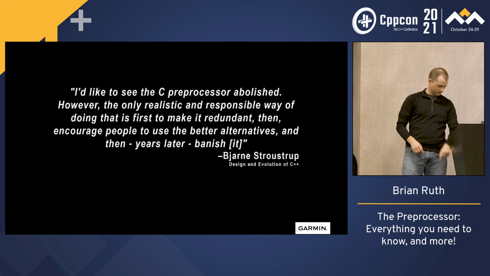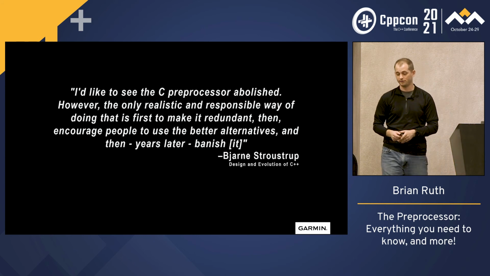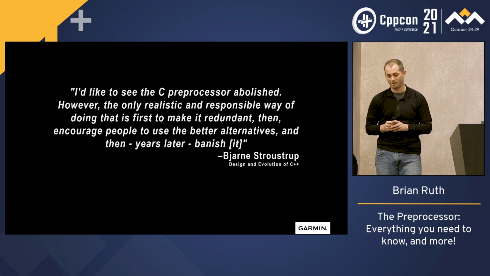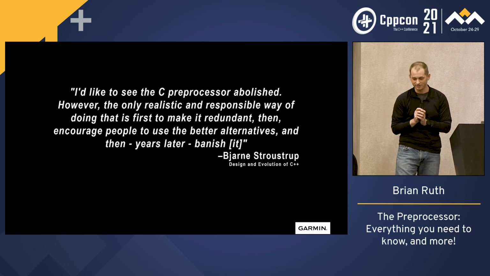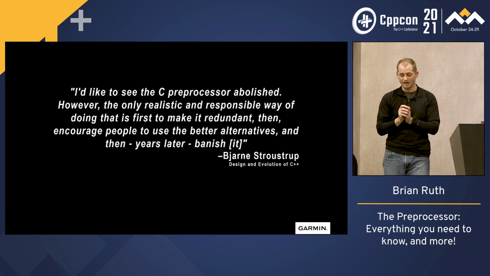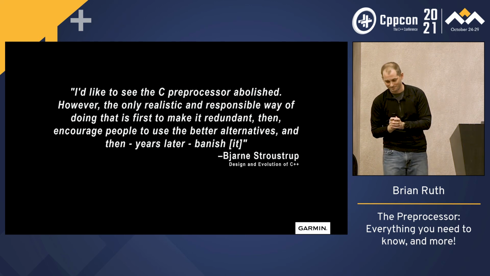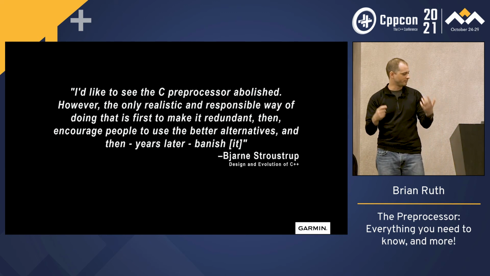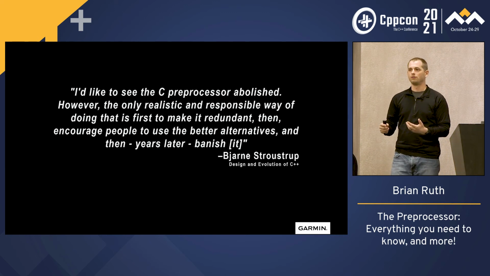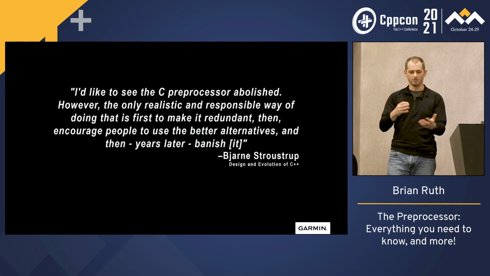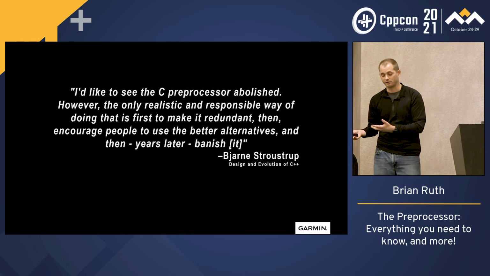The quote I would like to leave you with is, "I'd like to see the C preprocessor abolished. However, the only realistic and responsible way of doing that is to first make it redundant, then encourage people to use better alternatives, and then years later banish it." As you can see, there's a lot of progress that we've made and things that we can do to have better, more type-safe, more stable ways to generate and manipulate code instead of using the preprocessor.